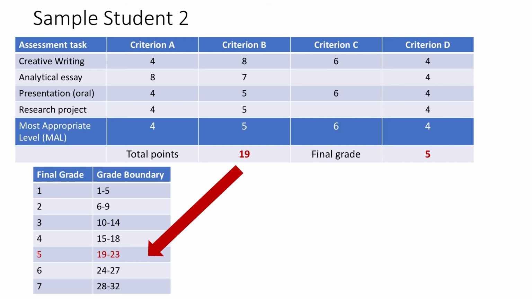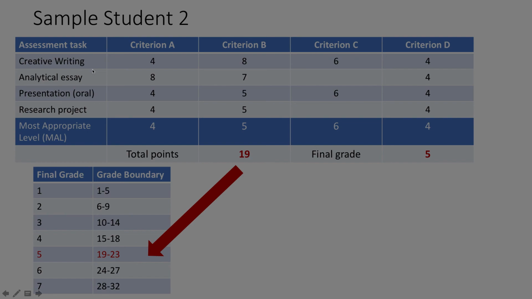And you can see for criterion A, this student achieved level 4, then an 8, then a 4, and a 4. So the teachers have to then determine which is the most appropriate level to award at the end of the reporting period.